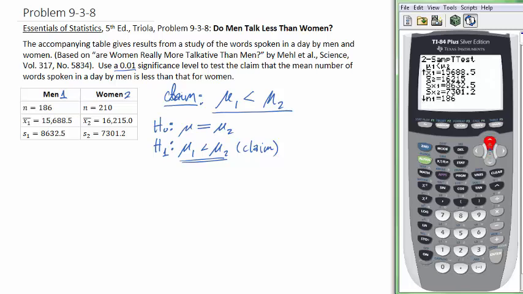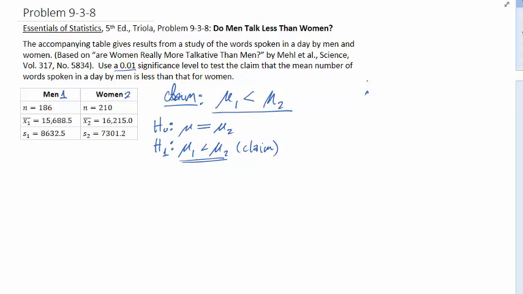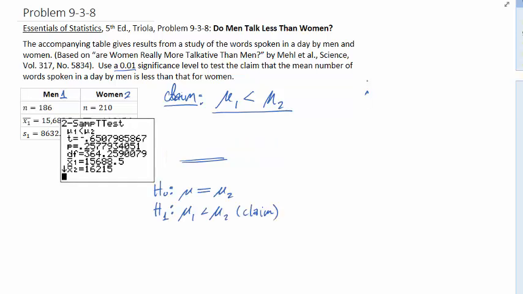That's not too important for us. What is important are the first two, our test statistic and our p-value. Let's copy that, put that in our sheet, and focus on what we're going to say from here.